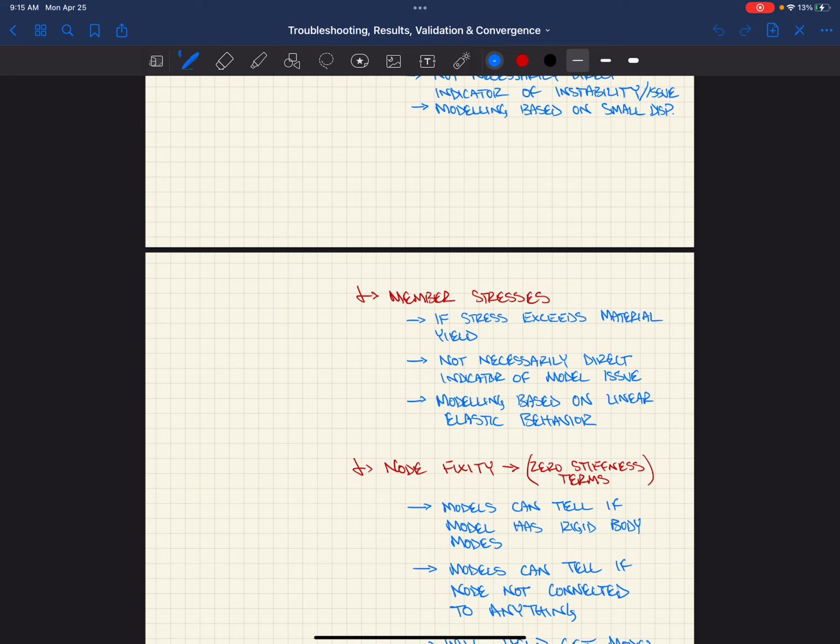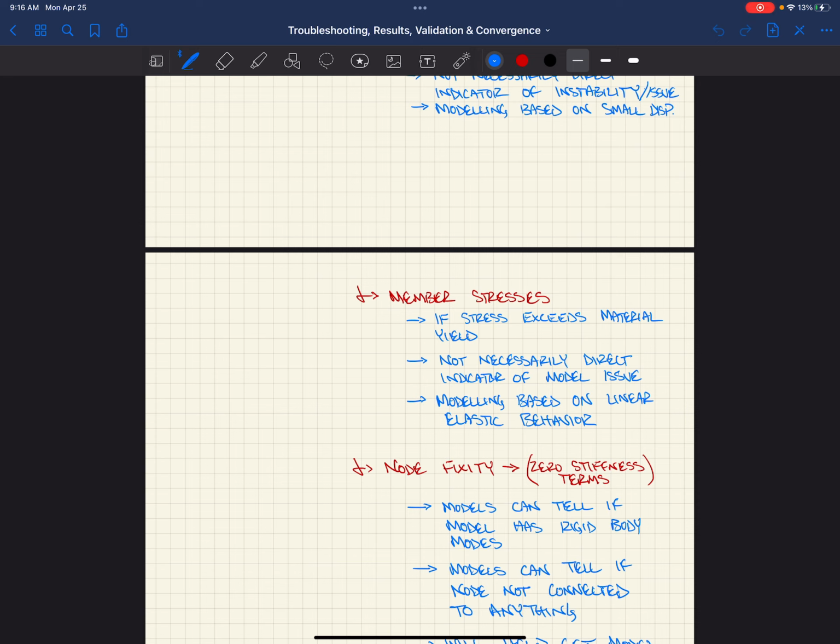Statics imbalance is yellow, yeah, so it might be like, hey, we were able to get through the analysis finite element wise, we got a solution, but now there might be some things you might want to consider. One of them would be member stresses. VA is calculating displacements and rotations, and from that we can get stresses.